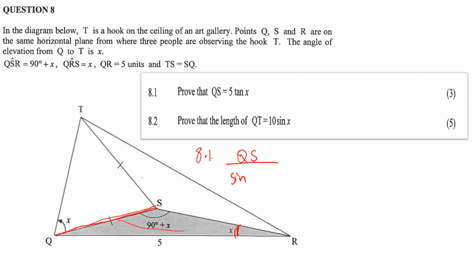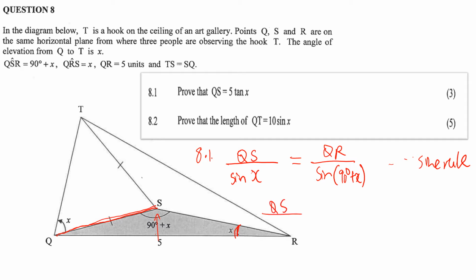The angle facing QS is X, so it will be the sine of X, equal to another length that we have, QR, divided by the sine of the angle facing it, which is 90 degrees plus X. So we can simplify this: QS over sine X is equal to QR, which is 5 units, over sine of 90 plus X.